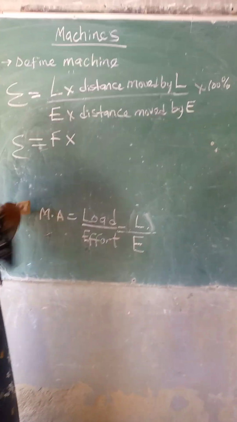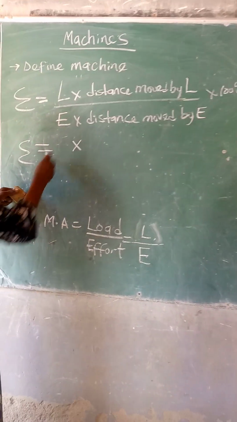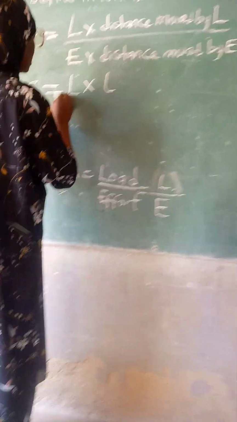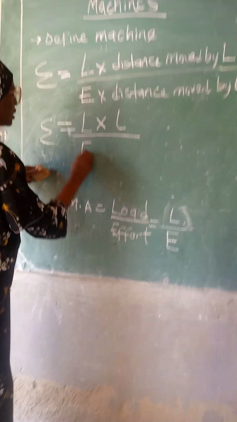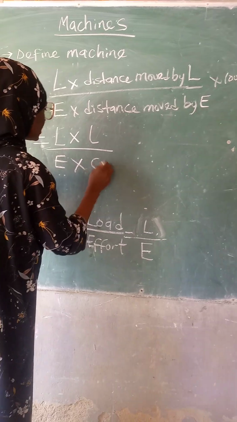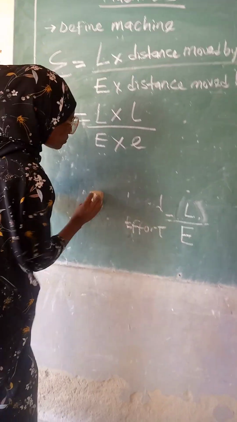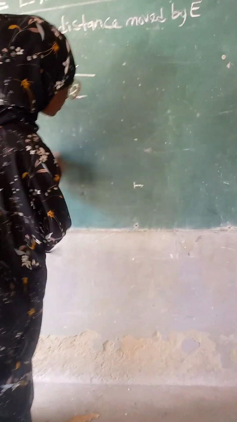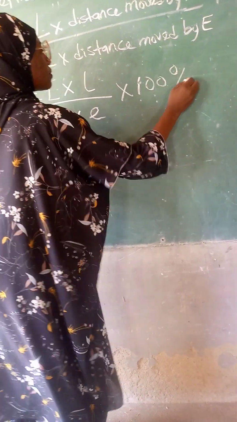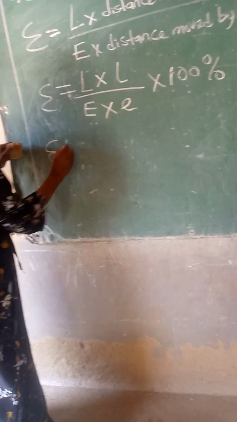The distance moved by load is denoted with small letter L, then we have E times the distance moved by effort, denoted with letter E, times 100%, please.